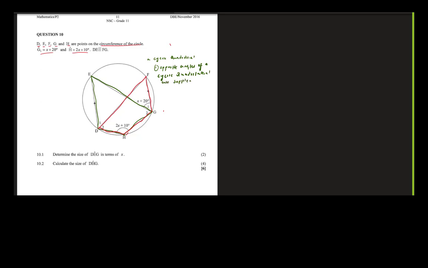Don't forget the theorems, guys. Opposite angles of a cyclic quadrilateral are supplementary, meaning that every time we have a cyclic quadrilateral, the opposite angles will be supplementary. Guys, let's look at the cyclic quadrilateral EDHG.